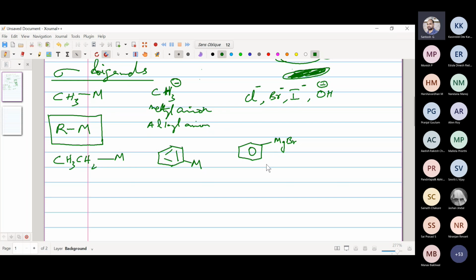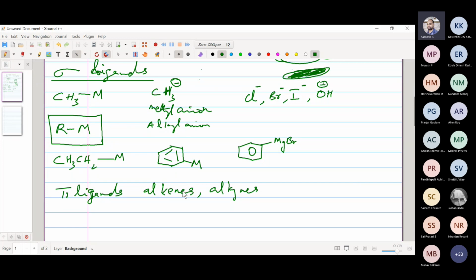Okay, then let's go and check out some pi ligands. When it comes to pi ligands, you can have alkenes and alkynes. Both can be pi ligands.